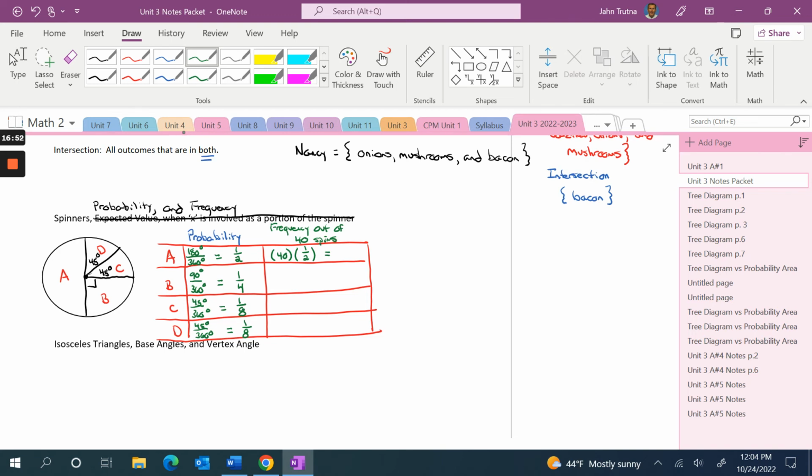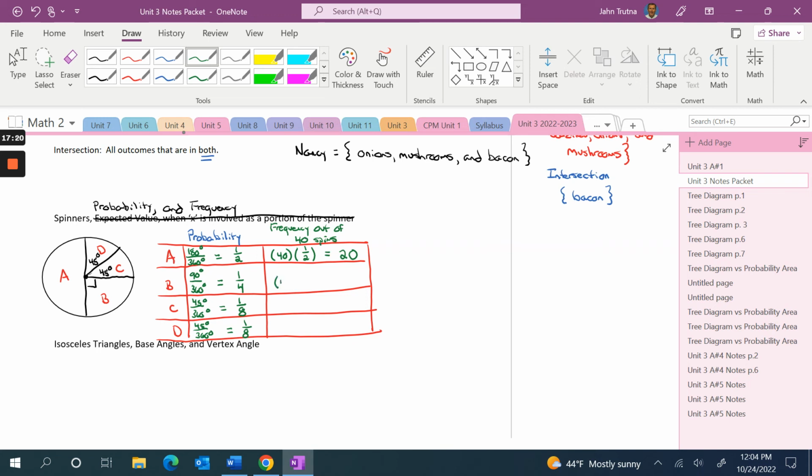Since section A is 1/2 of the circle, half of 40 is the frequency, which should be 20. So it should land in section A 20 times.